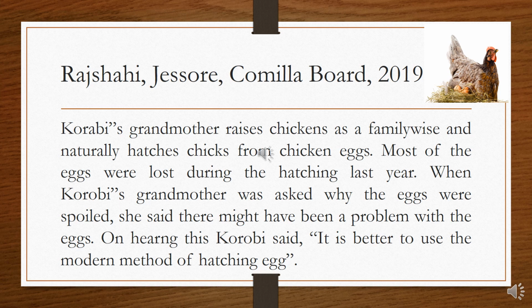Most of the eggs were lost during the hatching last year. When Korobi's grandmother was asked why the eggs were spoiled, she said there might have been a problem with the eggs. On hearing this, Korobi said it's better to use the modern method of hatching eggs.